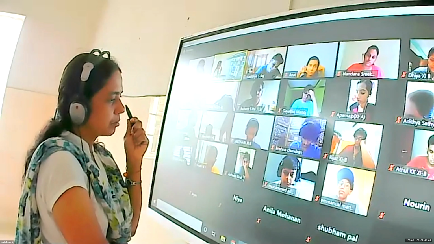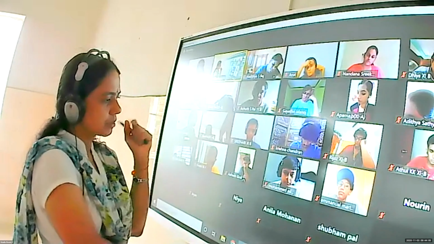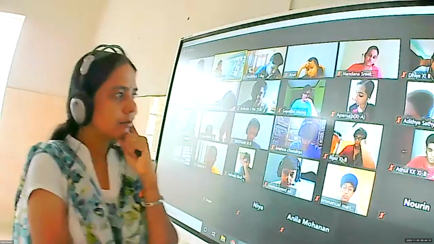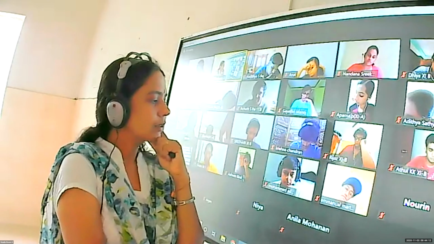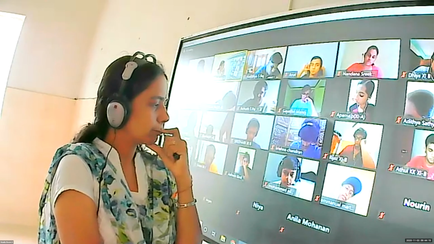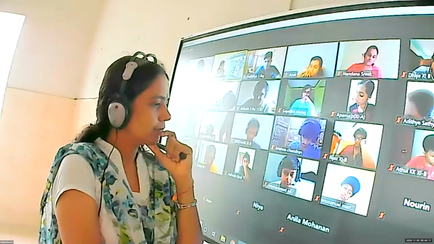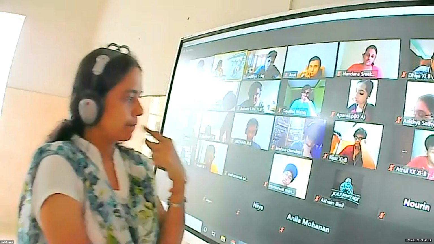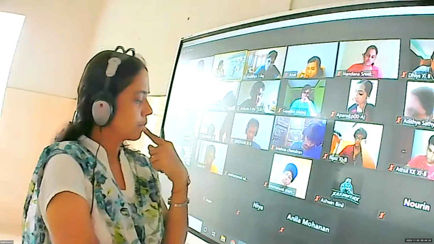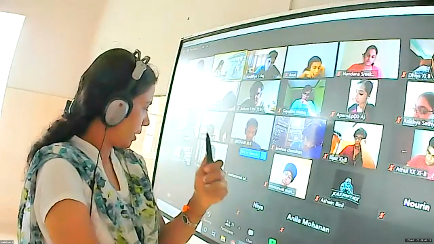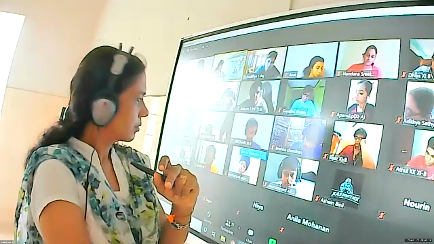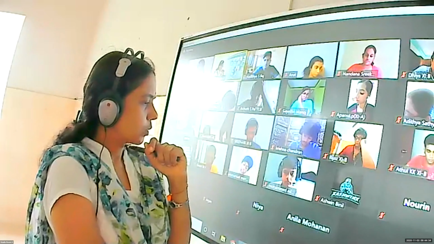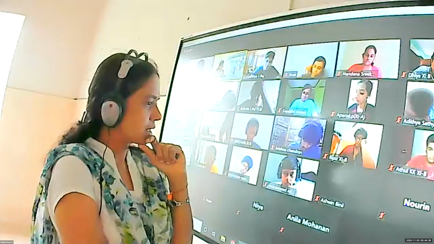Which method did you apply here, Mohammad Adil? Elimination method or substitution method? Alvin Benny, absent. Femina, absent. Ashwin, can you give the answer? What is x and what is y?